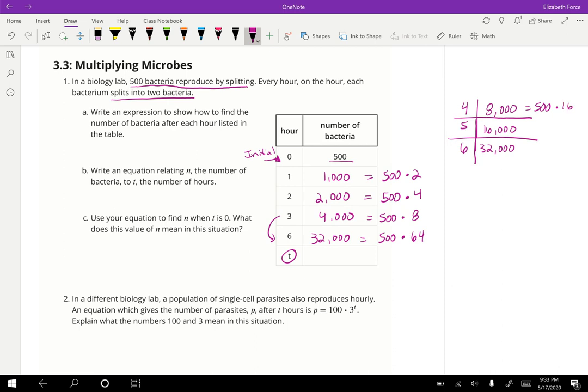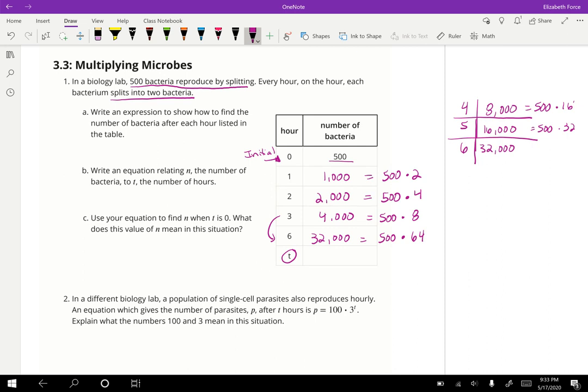So 2, 4, 8, 16. 500 times what gives me that 16,000? So 16,000 divided by 500, that's 32. So you're going to start seeing a pattern here with the 2, the 4, the 8, the 16, the 32, the 64. Those are all powers of 2.